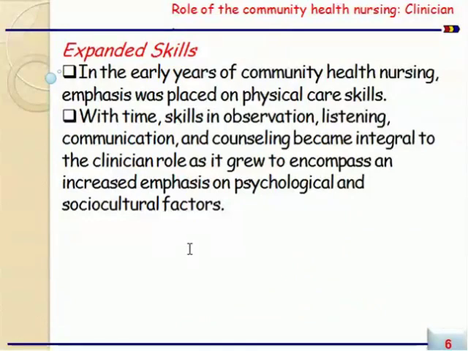So number 3, that is expansion of skill. This is the third thing that a nurse as a clinician should emphasize. Expansion of skills means that she should expand her skills. Not only should she provide physical care, but she should also be a good observer. She should have good listening power, communication and counseling as well.